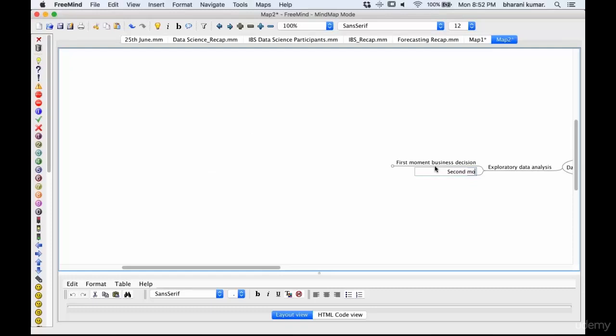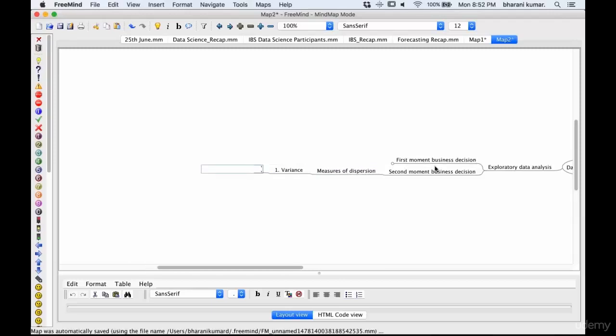And then we have second moment business decision, also called measures of dispersion, in which you have variance. The disadvantage with variance is that your units get squared.